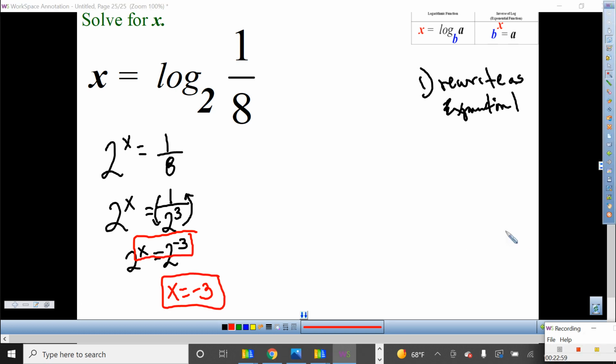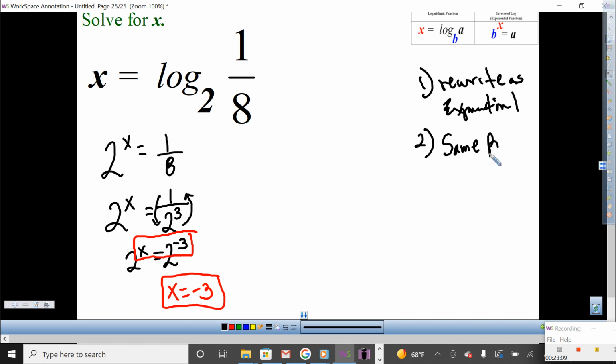Okay. So recap. What is the first thing we needed to do to this? We need to rewrite it as a what? Exponential function, or else we won't be able to solve it. Question. What would we call step 2? Do the reciprocal, but before we did the reciprocal, what did we need to do?